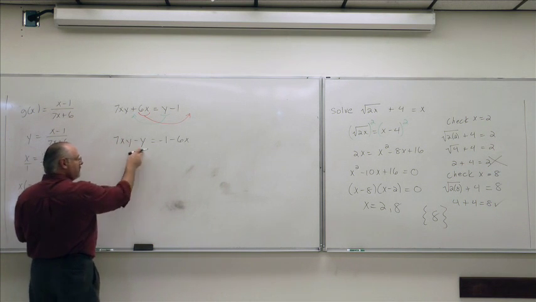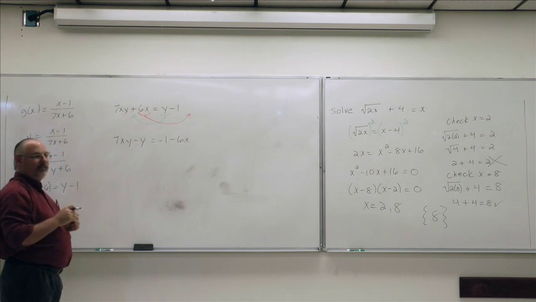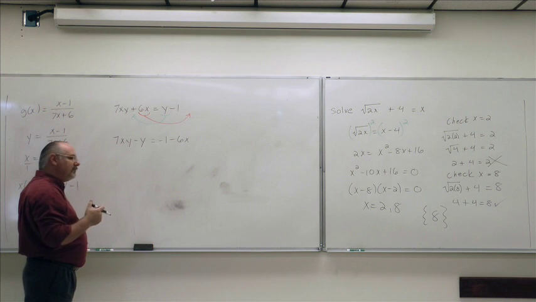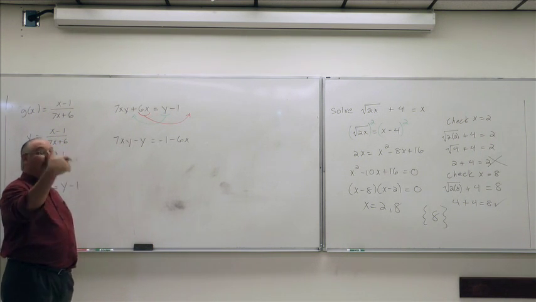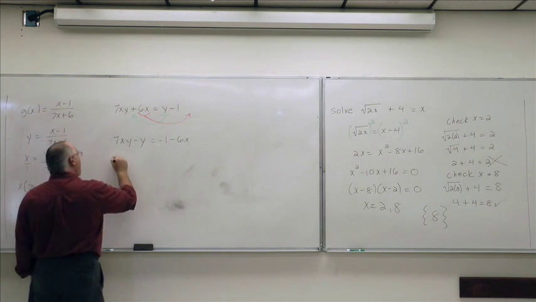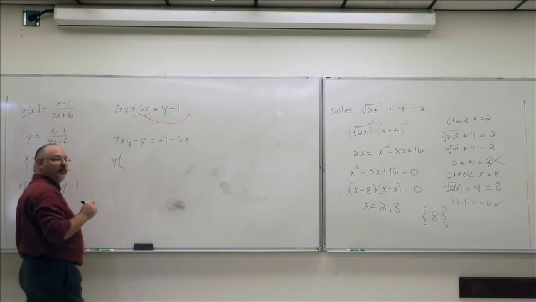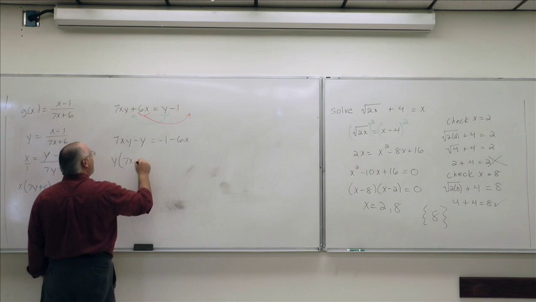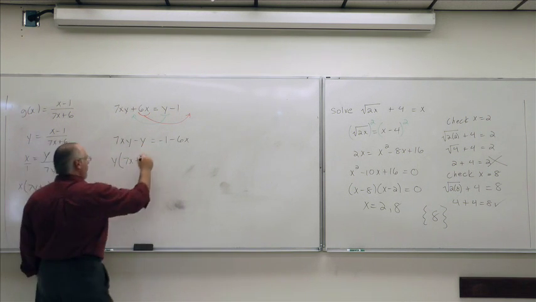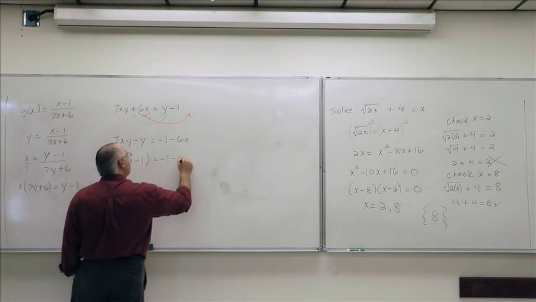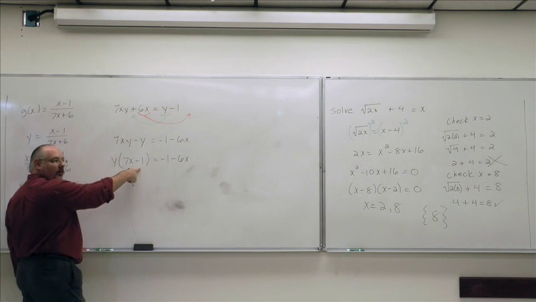Now, what's the trick here? How do I get the y? Take the y out, because I'm solving for y. So when I factor out the y, what's left? 7x minus 1. I can see a lot of students forgetting that 1. And then you have y times something, and we're solving for y.